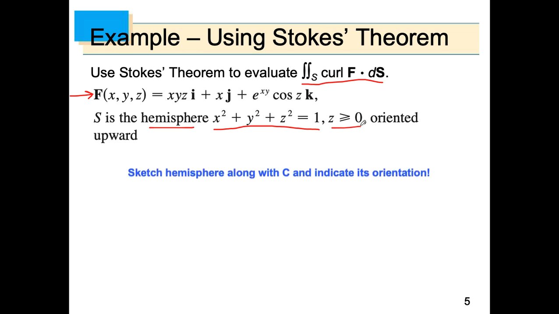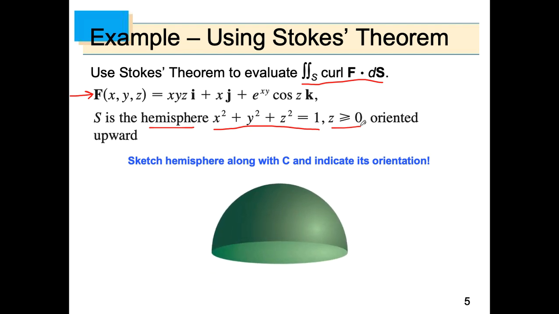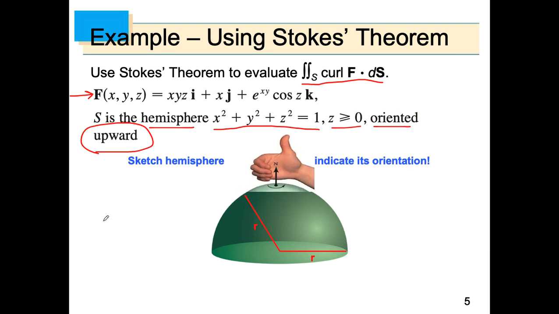Let's do a quick sketch of that hemisphere. Okay, so here's my hemisphere. As usual, hemispheres have radii r in any given direction. And they want this thing to be oriented upward. So if you recall, your thumb must be going in the upward direction, going straight up. So that should look like this.